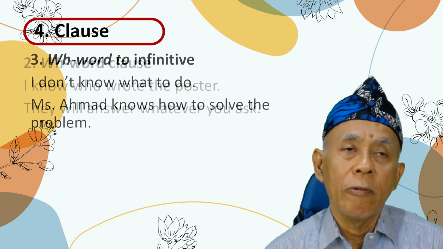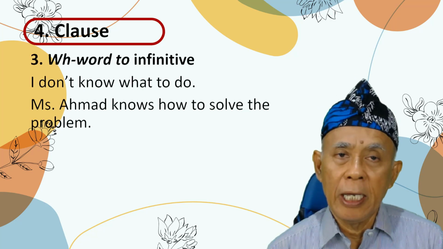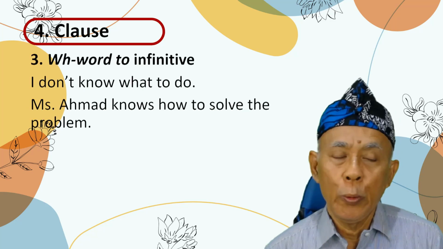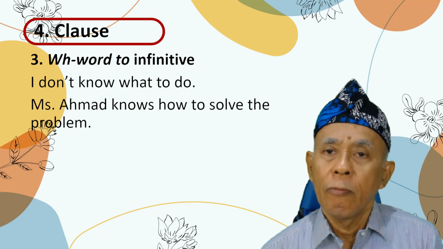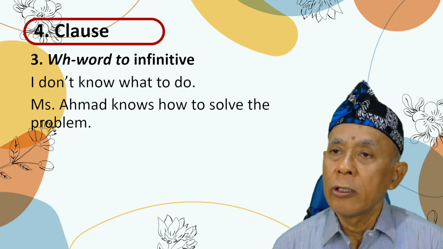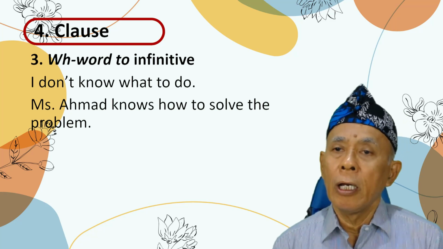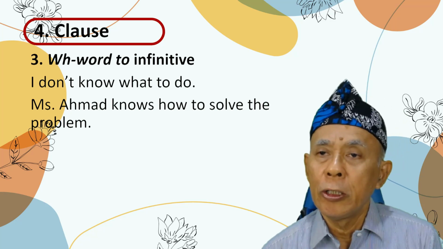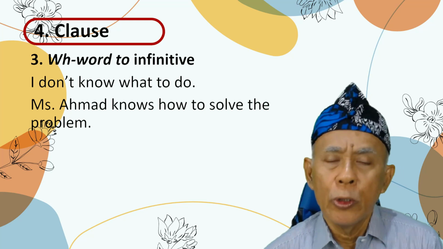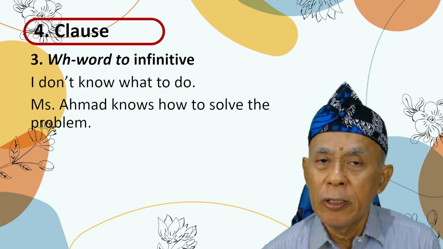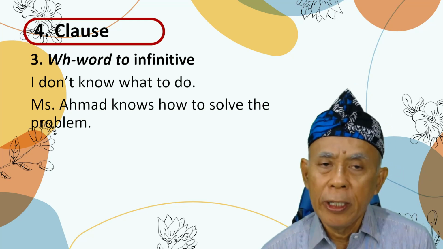The third type of clause which can become an object in a sentence is the WH word plus to infinitive. Here we have the sentence, I don't know what to do. The object of the verb know here is what to do. The clause what to do here does not have an explicit subject, but the subject is implied.